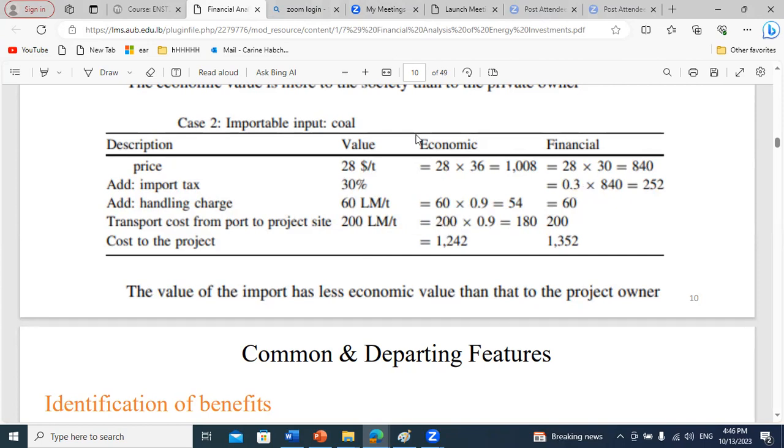And now to find the total cost of importing a certain product to the site, from the society point of view, it will cost 1,242 local money, while from the private owner point of view, it will cost 1,352. So here we can see that the import has less economic value than financial value for the project owner. So it is easier to import from a government point of view than from a certain private owner.